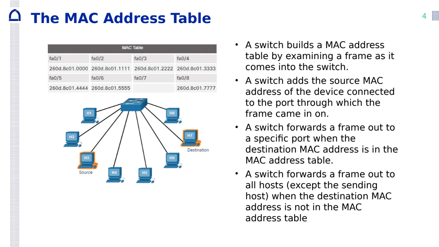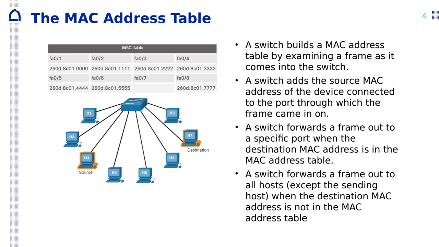Okay, the MAC address table. The switch will build a MAC address table. For each port on the switch, it will learn the MAC address of the computer that is connected to it. So FA0/1 means a Fast Ethernet switch port. There is a port.